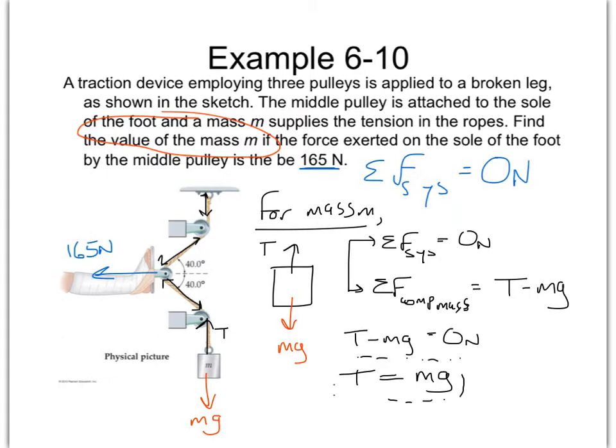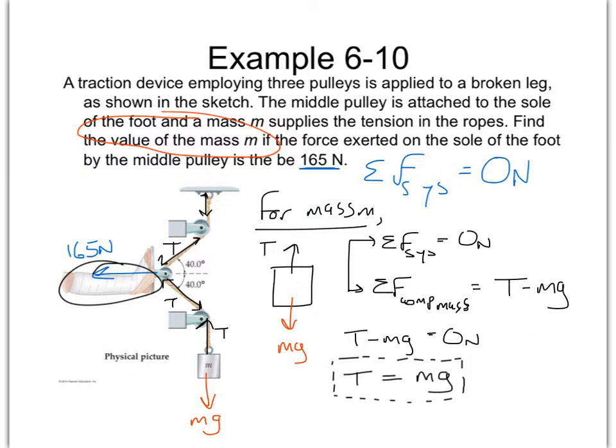Because in the next part of the problem, as we look at the foot itself, we have tension in this string and tension in this string, both applying forces that cause the foot to feel pulled.